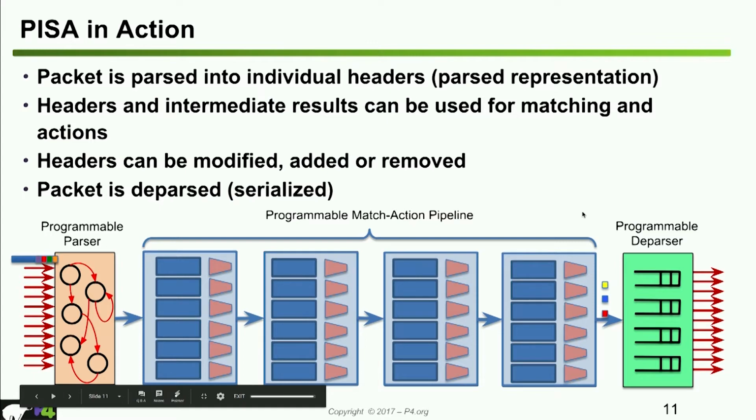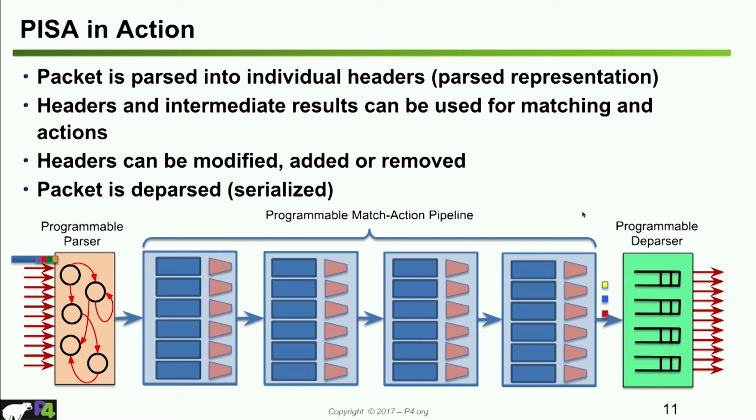So the headers can be added, removed, or modified, or data can be moved between the headers and metadata and perhaps some device state. At the end, once the final packets are presented to the deparser, it is responsible for putting those final headers back together to form the final packet.